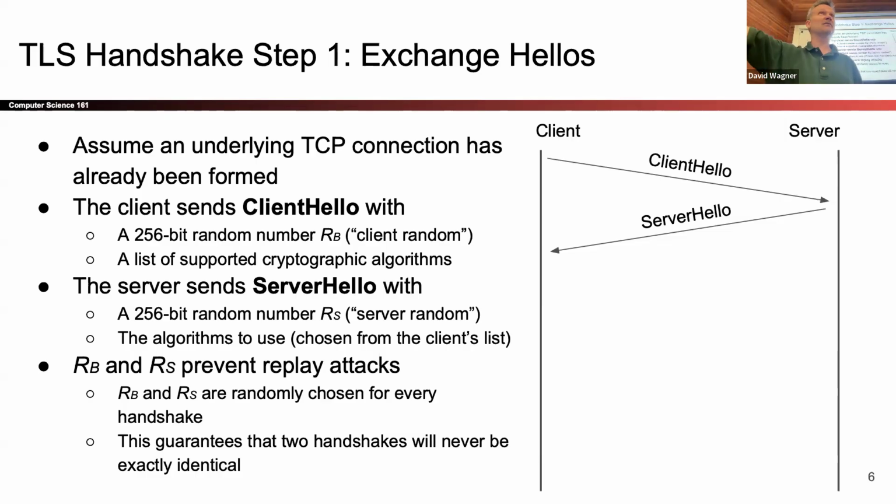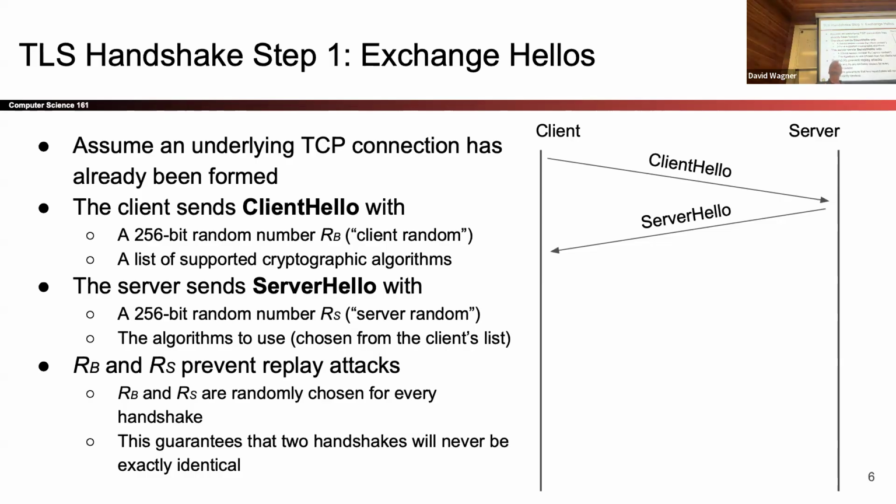If you pick a new random number in a new connection, it'll be different than the random number in the previous connection. So this is going to prevent an attacker who eavesdrops on a TLS connection and observes the data in one connection from resending that data to the server. An attacker can try to do that, but because the random numbers will be different, the server will be able to detect, whoa, something's not right here.